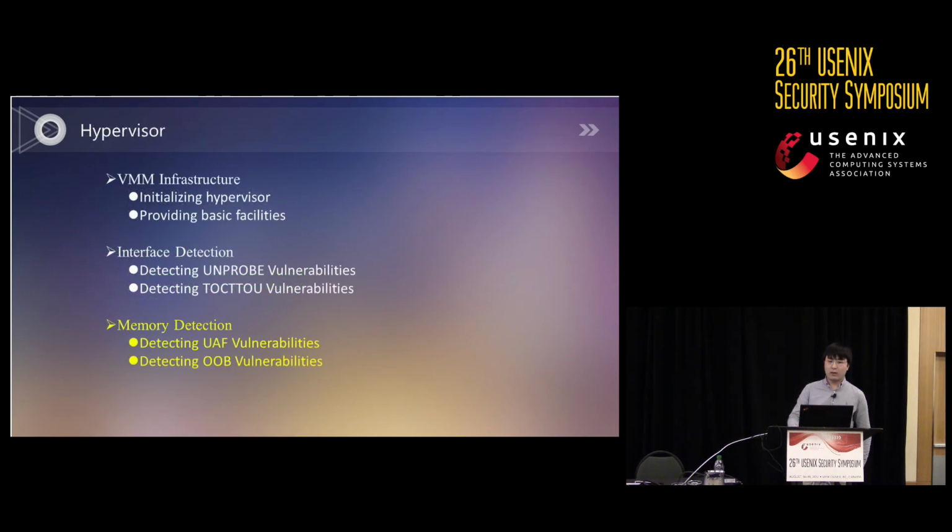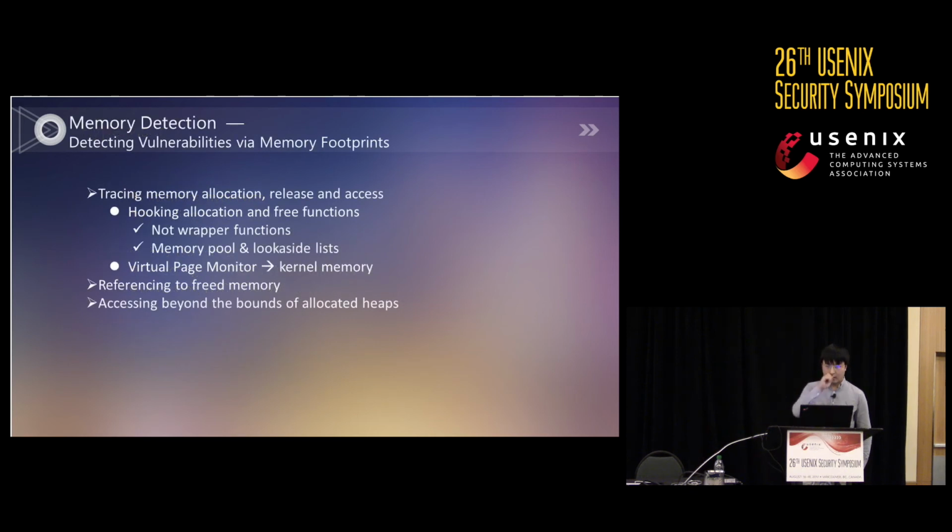The last point is memory detection. We will discuss how to use it to detect UAF and OOB vulnerabilities. We use memory detection to detect the illegal use of kernel memory. The main idea is to trace memory allocation, release, and access. Memory allocation and release are traced by hooking the corresponding kernel functions.